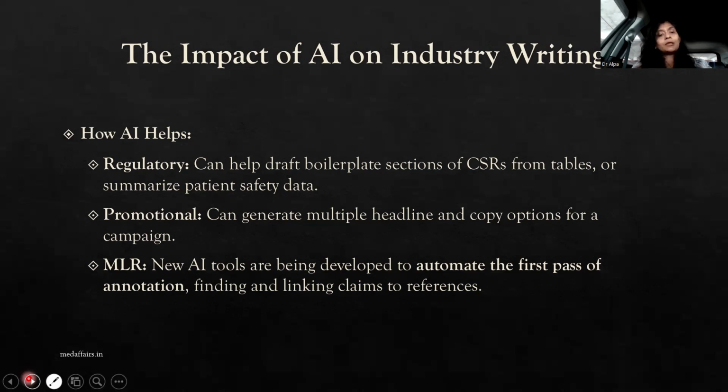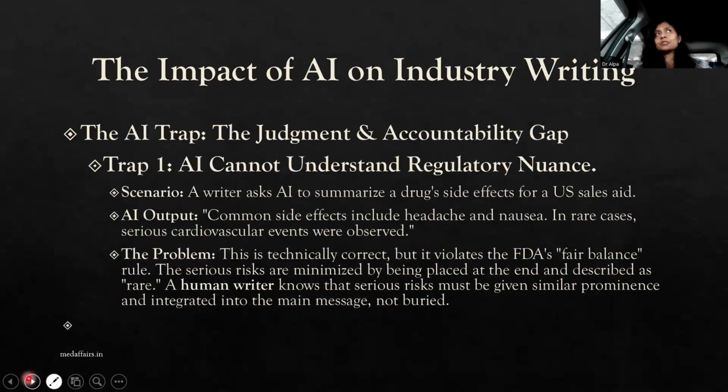And then even in MLR, this I really don't trust AI on. For automating the first pass of annotation, I don't believe in it, because I feel that AI seriously hallucinates when it comes to referencing. So I would suggest you rely on yourself for the annotating part. It is very easy.